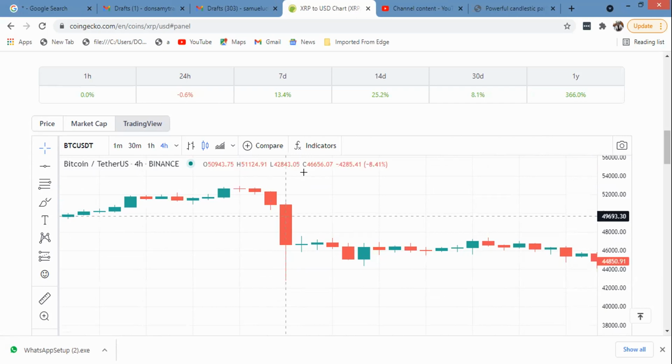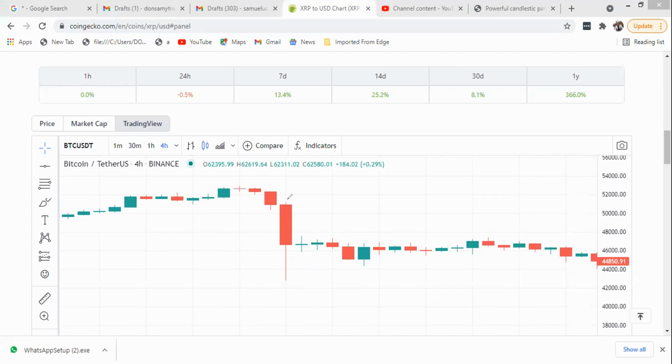Now, this candle shows that price started here. Opening price. It did as high as this high, went as low as this lowest price, and closed at this closing price. So let me bring my cursor.